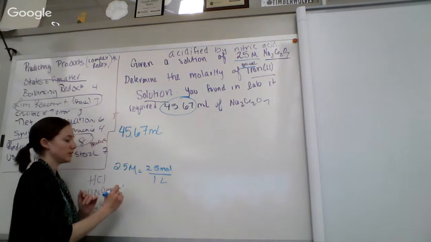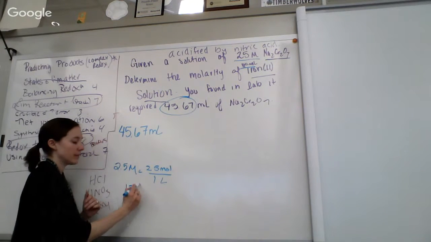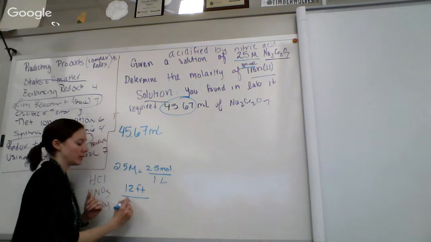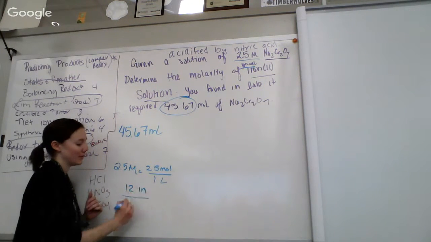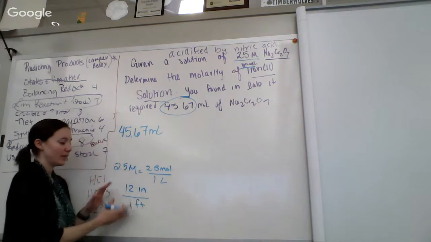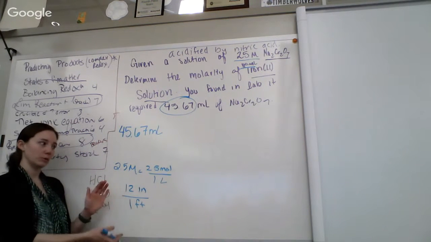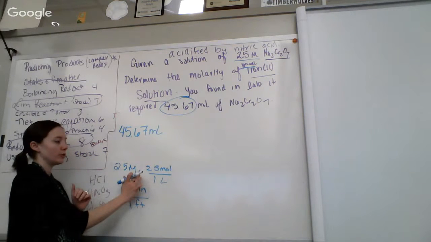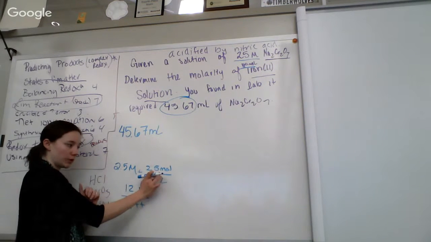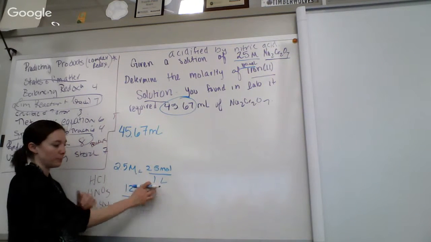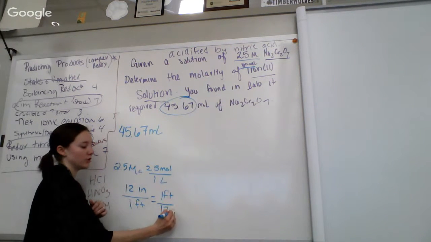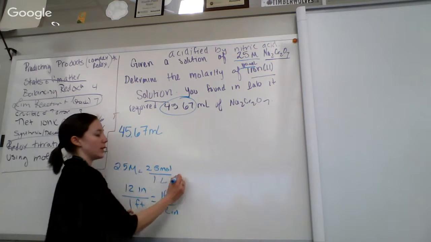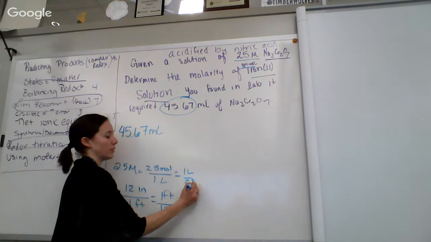It's the same idea as 12 inches being equal to 1 foot. Those are conversions that are equal to each other. So when I say 2.5 molarity, that means I have 2.5 moles equal to 1 liter. I could switch this just as easily and say 1 foot over 12 inches. It's equally the same to say 1 liter over 2.5 moles.